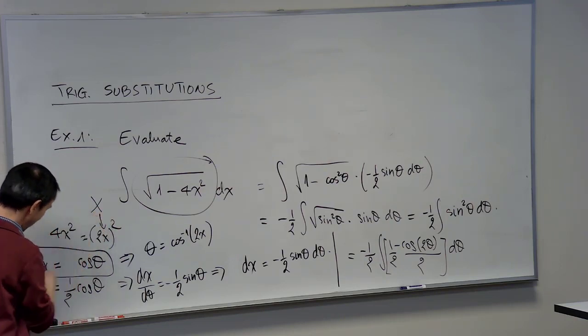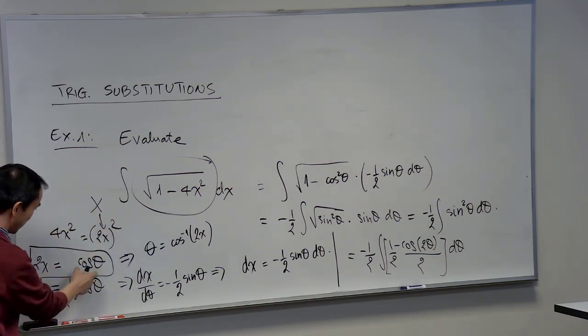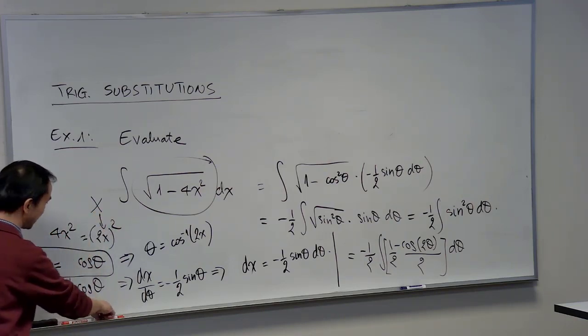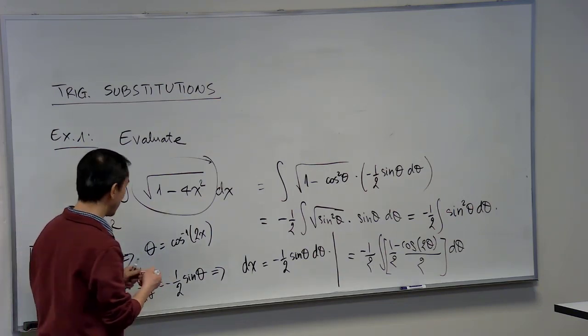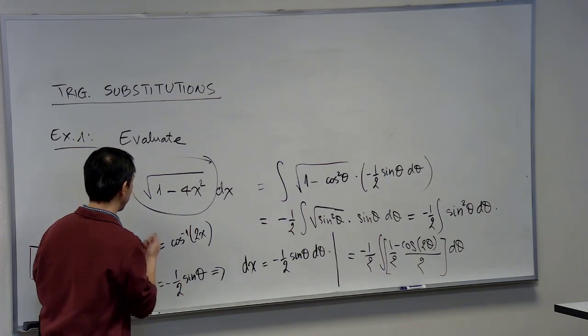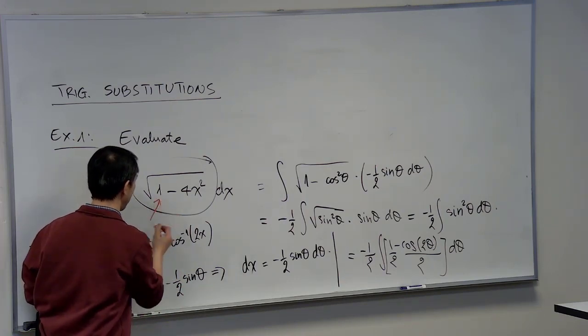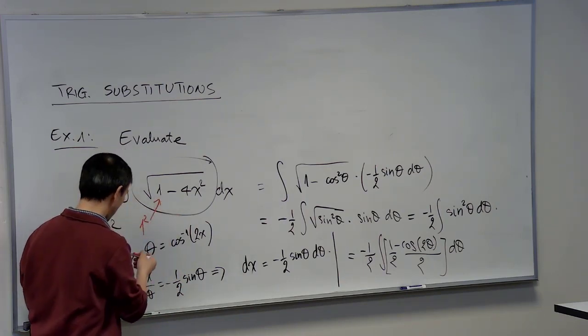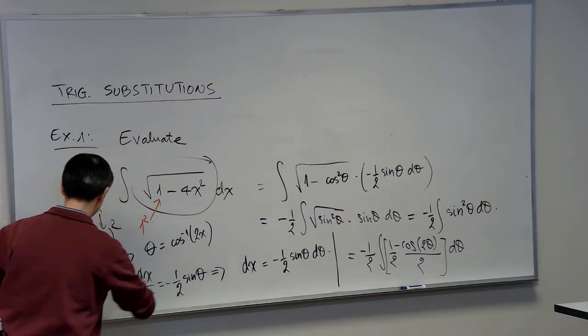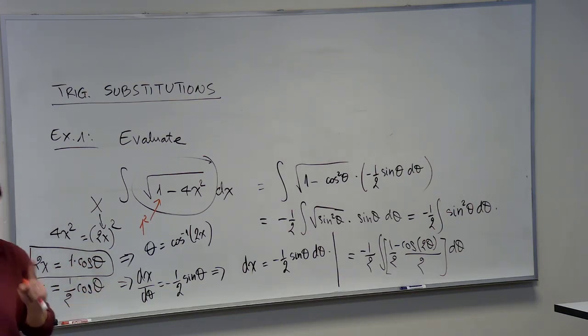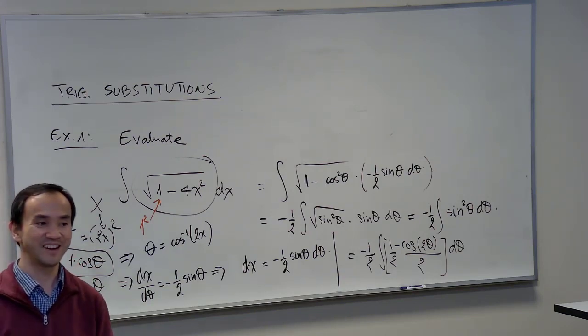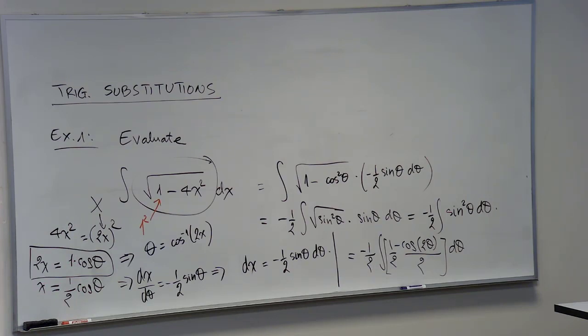So I'm letting that capital X equal cosine, but there's another truth behind the scene. Your constant is a 1, and recognizing that 1 as a perfect square, 1 is 1 squared. And that's why in my substitution, it really was the whole capital X equals 1 times cosine theta. You see what I'm saying now?